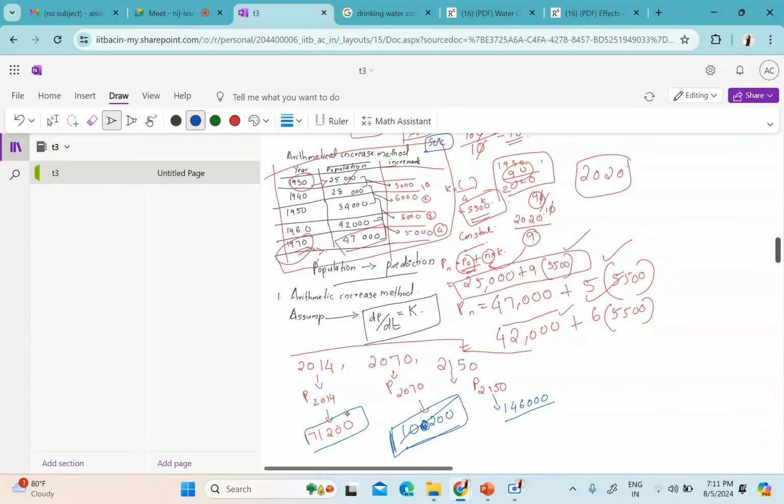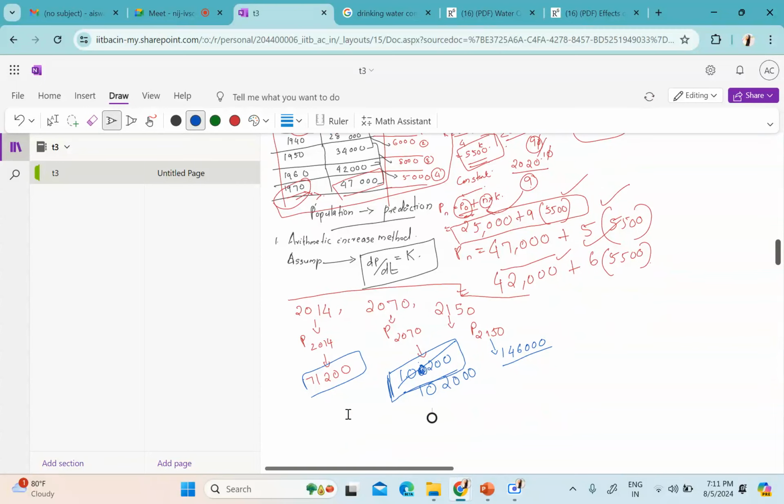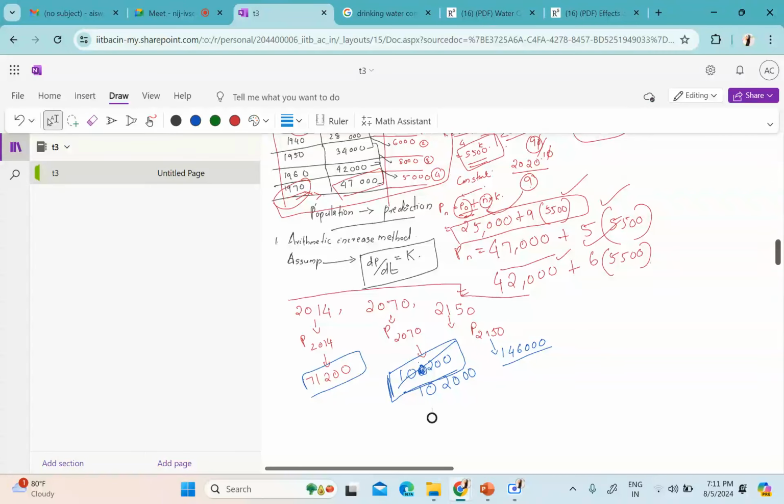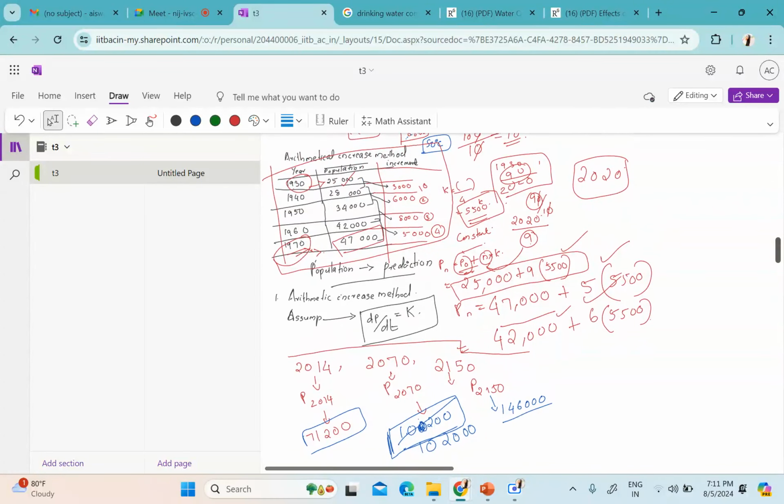Okay. Correct, right? So other than these two girls, other people, everyone calculated.